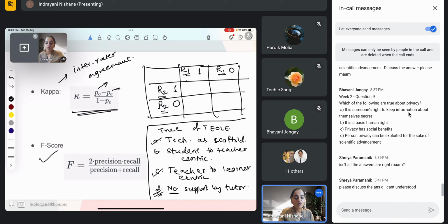So what remains private to you is nothing. Where you are going, what you are doing, what orders you are placing on Swiggy, what food you are eating, what groceries you are buying, everything is recorded or accessed by third parties, which is not you or Google, by others also. And we don't have any control over that.